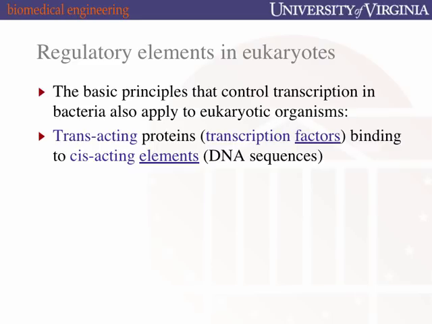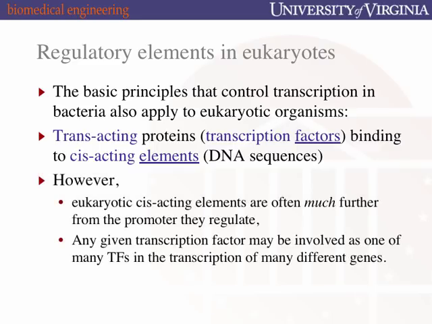So that's all the same. The complexity is that the distance between your definition of cis and these binding events are not as compact and as local as I introduced for prokaryotes. I have a schematic of this in a moment.